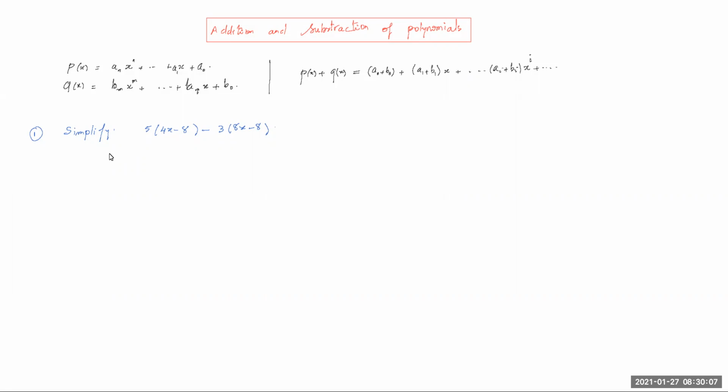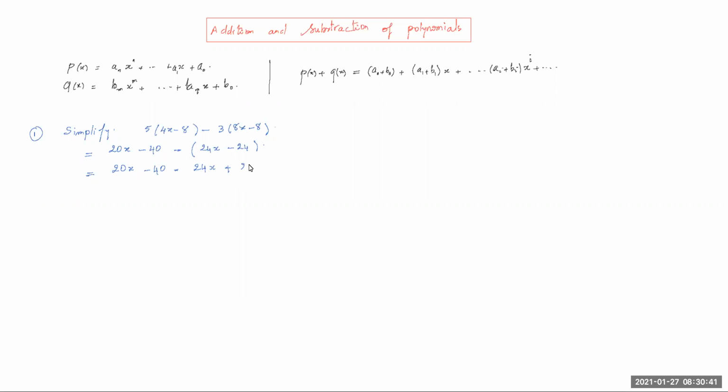I will first distribute this factor. So it's 5 times 4, so you will have 20x minus 40. Then here you have minus 3 times 8, minus 24x, and minus 3 times minus 8, plus 24. Then I have to subtract. When it's like numbers, the rules of operations are similar.